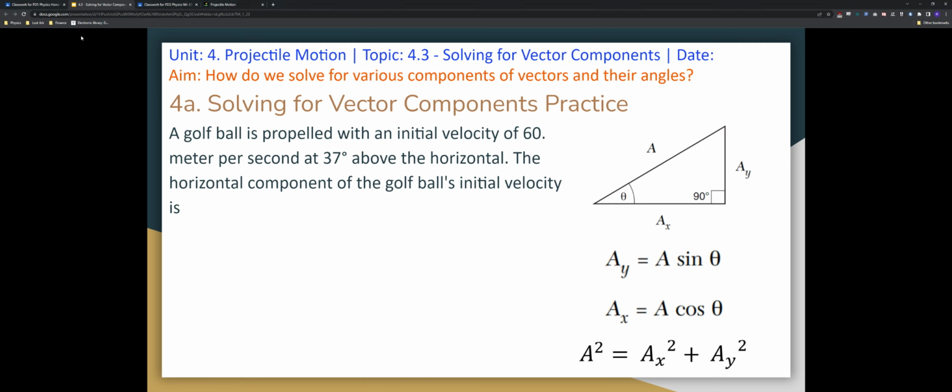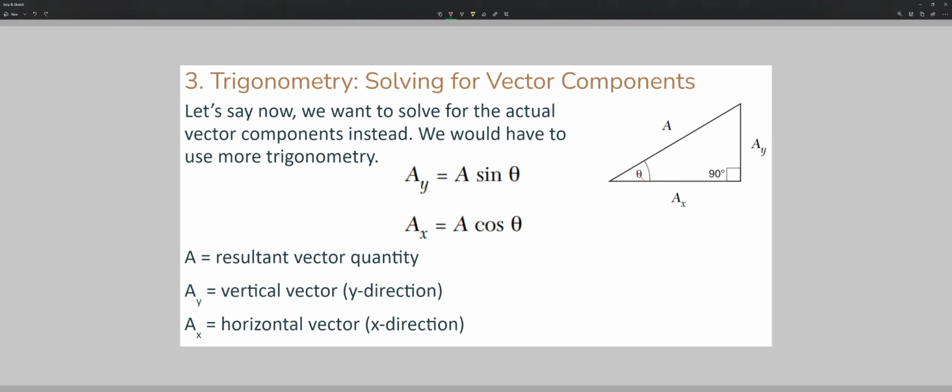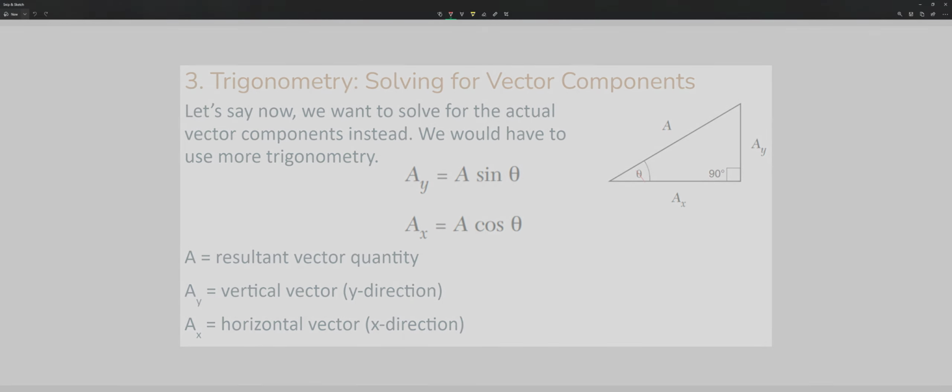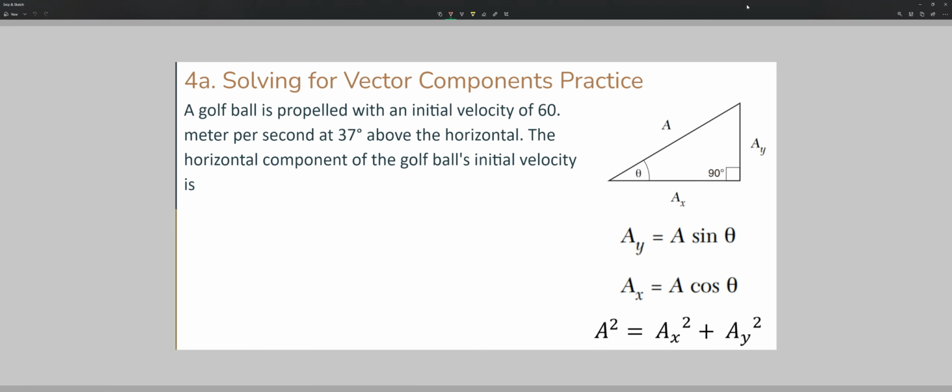A golf ball is propelled with an initial velocity of 60 meters per second. So essentially this would be my launch velocity. I'm being launched with initial velocity, so that's going to be my hypotenuse.